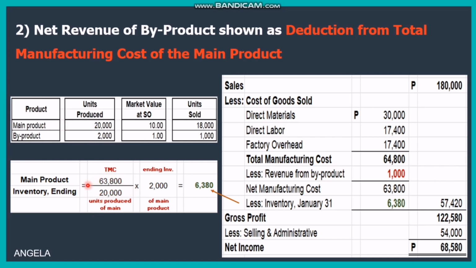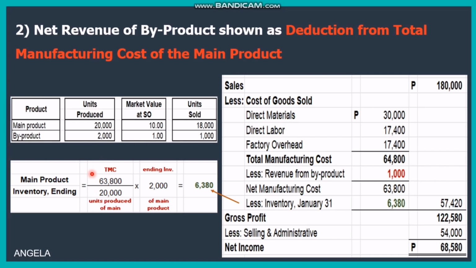And 63,800 divided by 20,000 times natin sa ending inventory ng main product na 2,000. So, paulit-ulitin natin, yung ending inventory ay nahanap by subtracting units produced to the units sold. So, 20,000 minus 18,000, meron tayong 2,000 units.